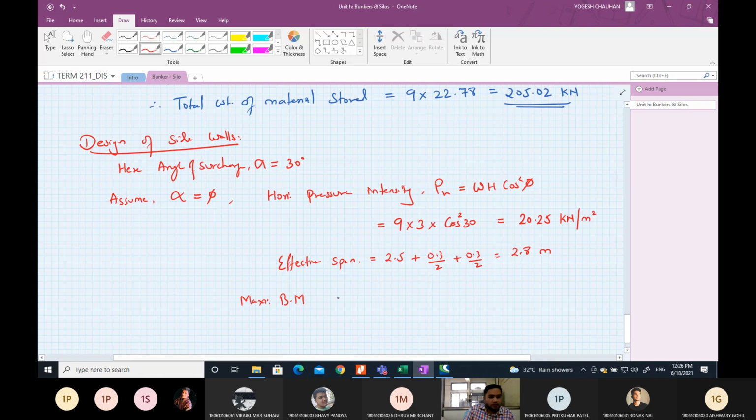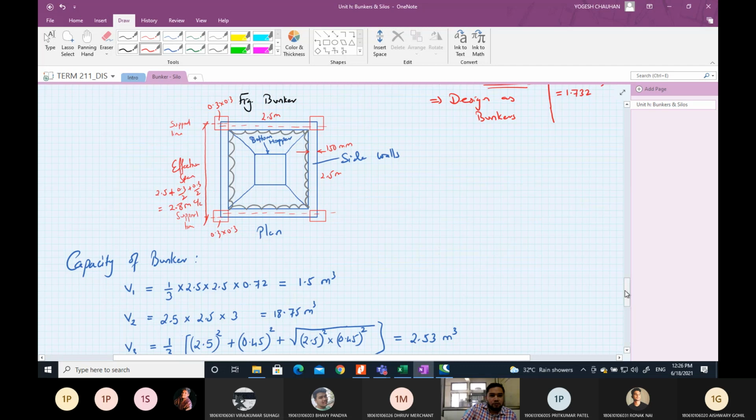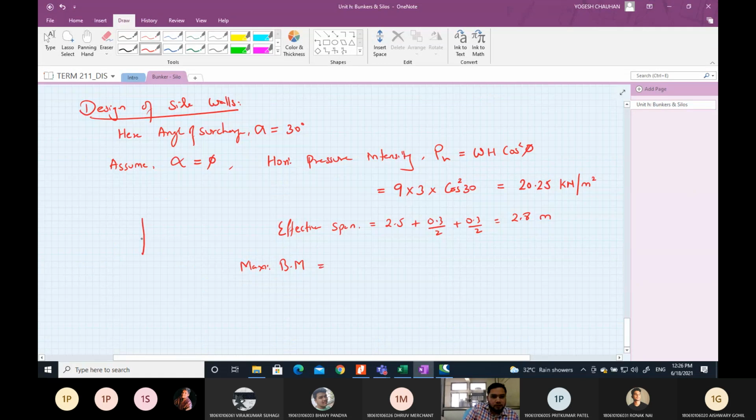Consider this as fixed at the support location. So it would be like this. Consider at support location it is fixed.